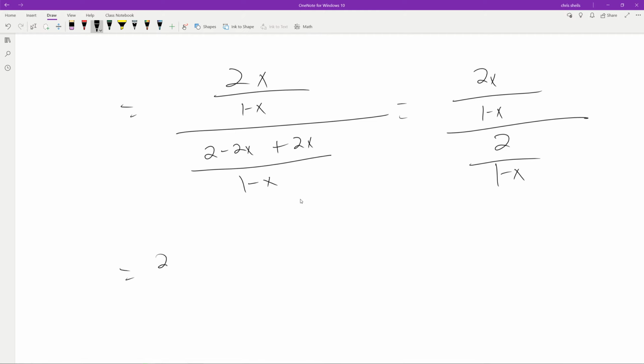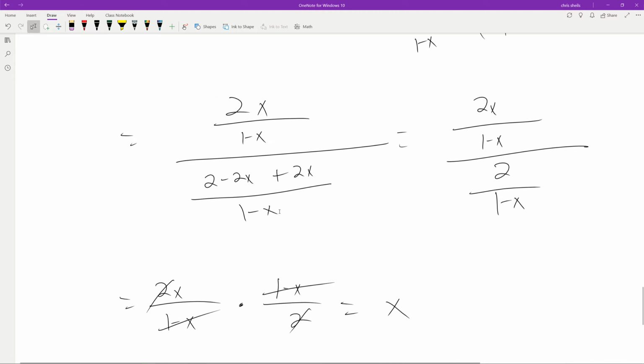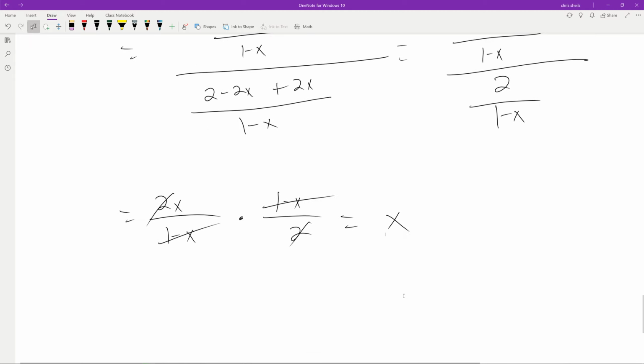So this is the same thing as 2x over 1 minus x times 1 minus x over 2. Notice here that my 1 minus x's cancel. 2 divided by 2 is 1. I'm going to get just x here. Okay, so f of g of x here is x.